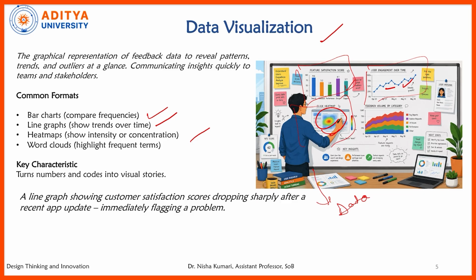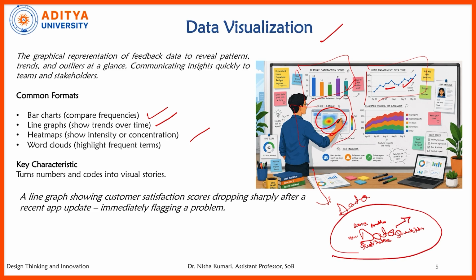For example, here data is the big one, and here we have qualitative, quantitative, user, scores, problems. In this word cloud, data is the most used term in the information we collected in the form of feedback.